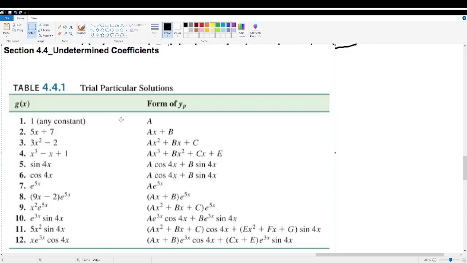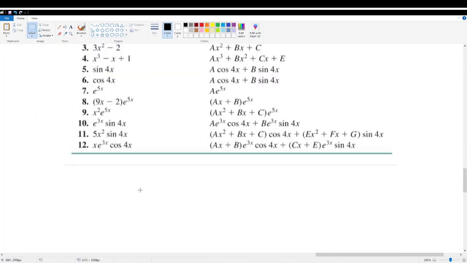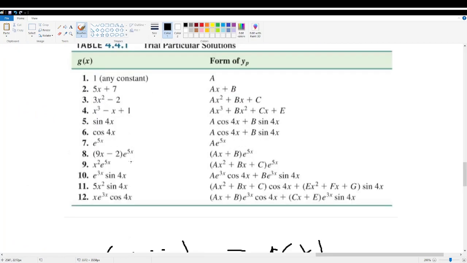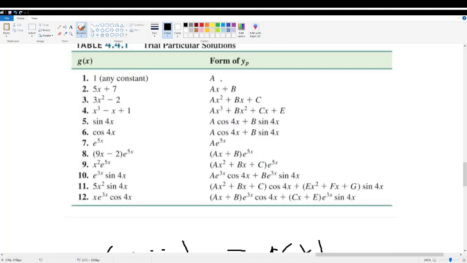So right over here, you can see a reference of particular inhomogeneities. So this would be of the form something equals g of x. Particular non-homogeneities are forcing functions, and these are examples of what you would guess. For a constant, you guess a constant multiple. For a polynomial, you guess a polynomial. For a sine or a cosine, you guess both. For an exponential, you guess an exponential.